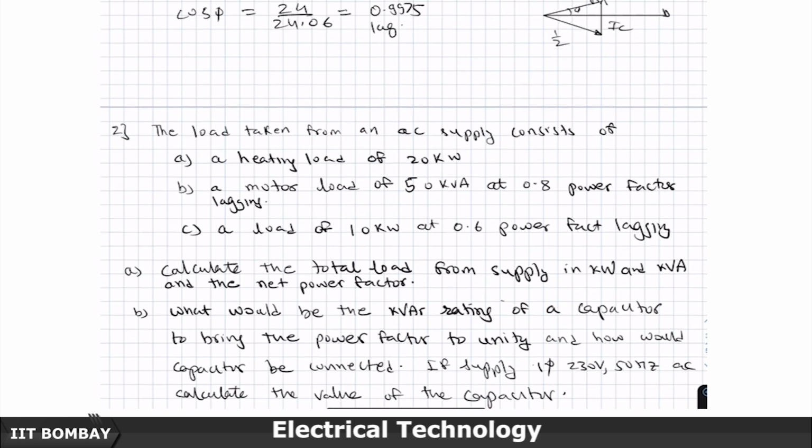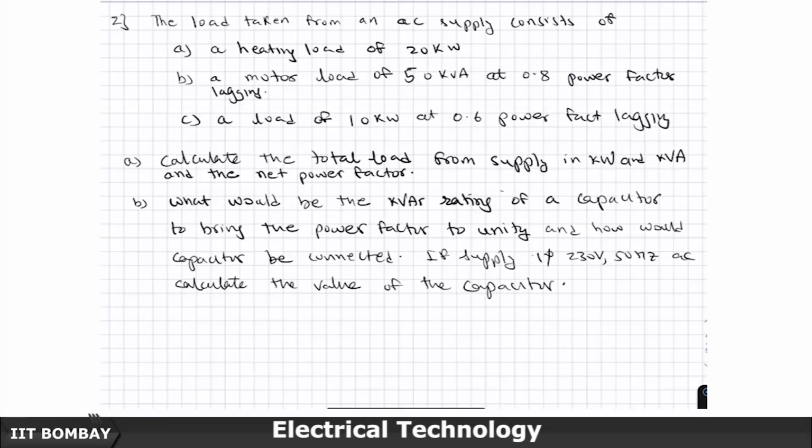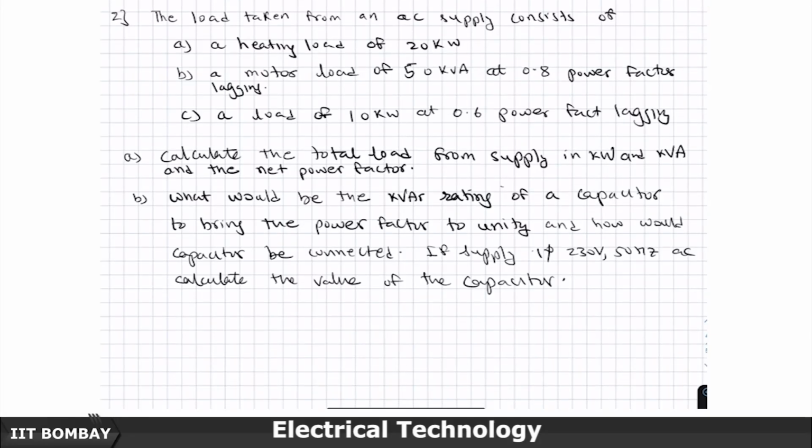Now, let us take one more problem, second problem. The load taken from an AC supply consists of a heating load of 20 kilowatts, a motor load of 50 kVA at 0.8 power factor lagging, and a load of 10 kilowatt at 0.6 power factor lagging, because as we have discussed earlier, the loads typically are only lagging in nature as we come across.